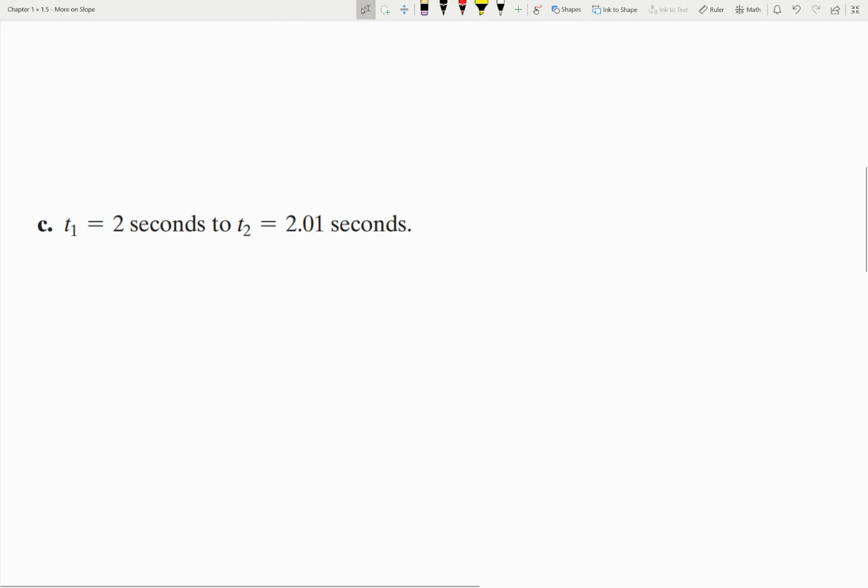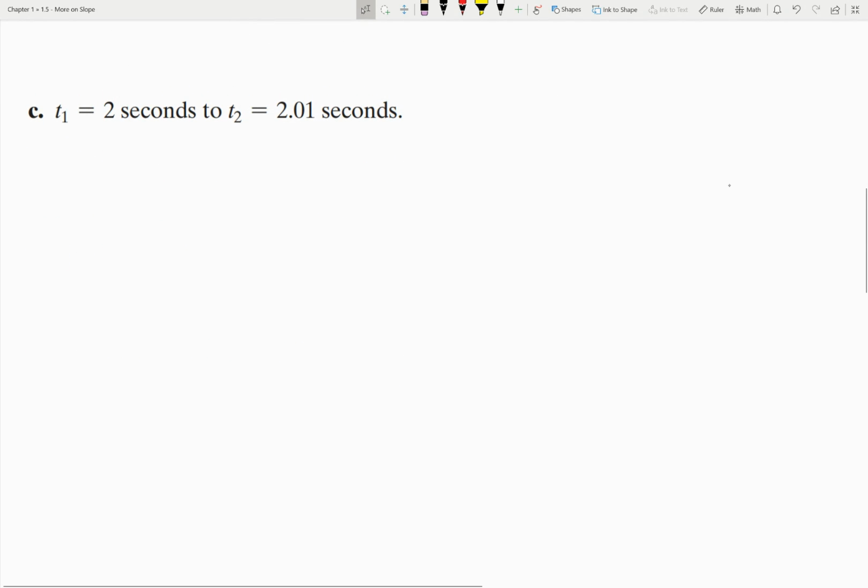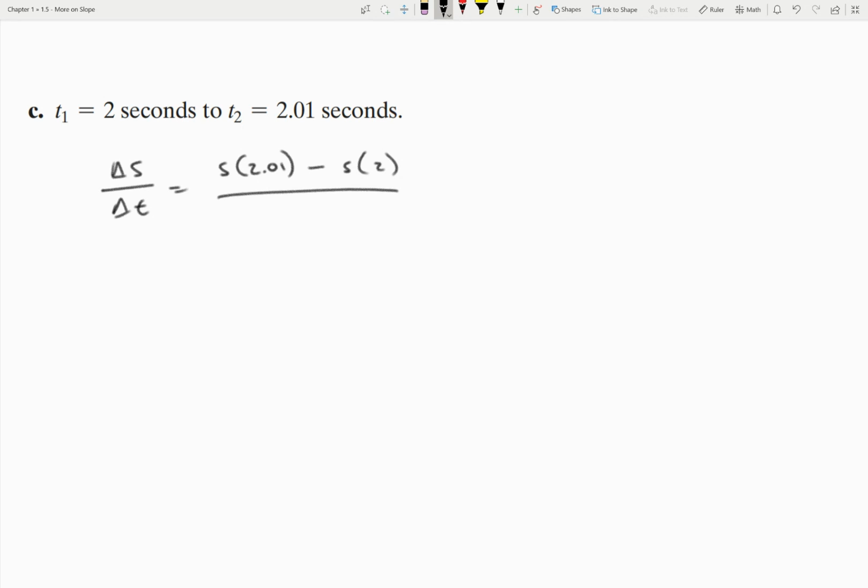So when we do the third one, we get delta S over delta T, which would be S of 2.01 minus S of 2 over 2.01 minus 2.